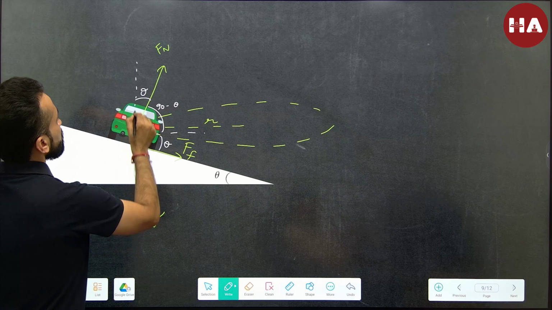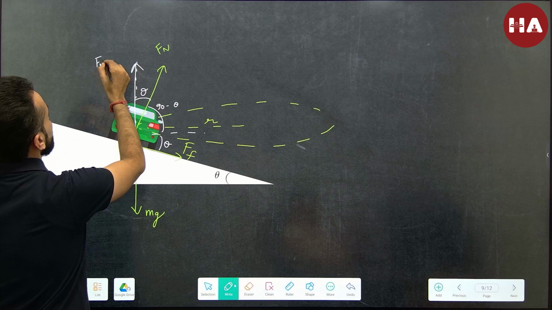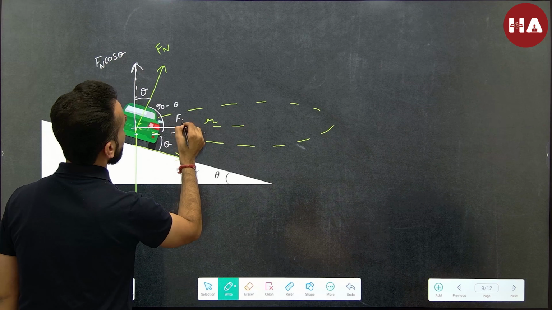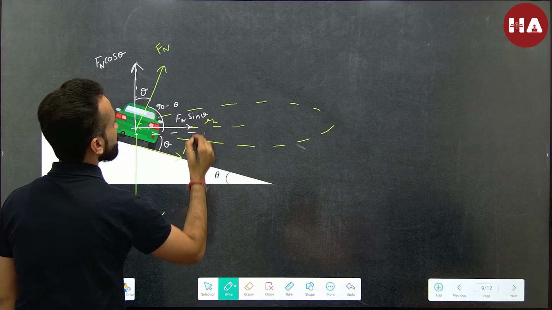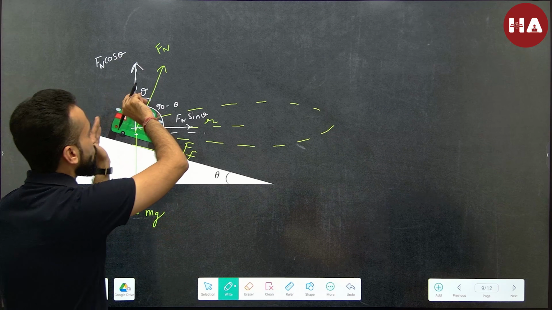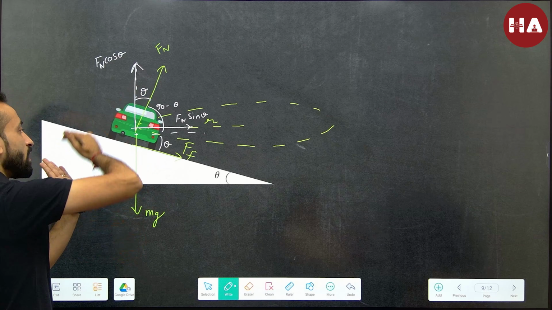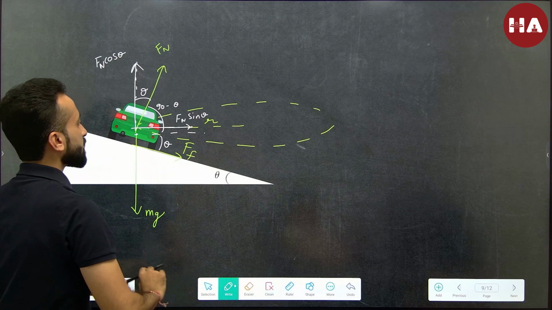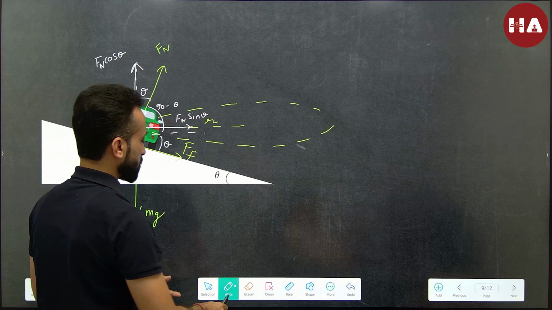So the component of this is going to be Fn cos theta, and the component of this is going to be Fn sin theta. Are you understanding that apart from frictional force, now your normal contact force, you are also pushing the road obliquely and getting a force in the horizontal direction. Now let's resolve friction.